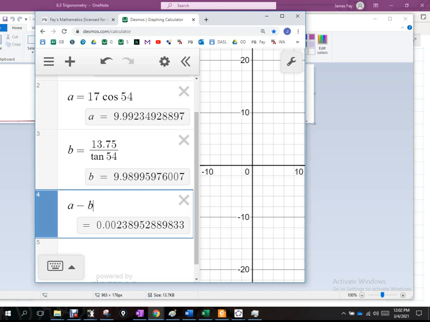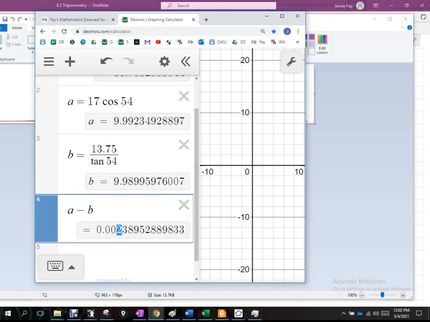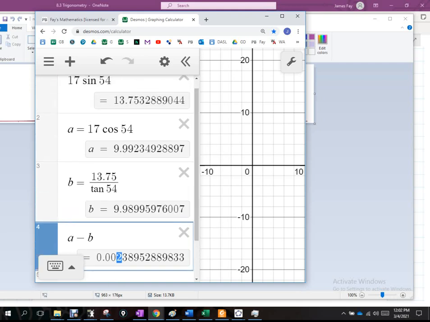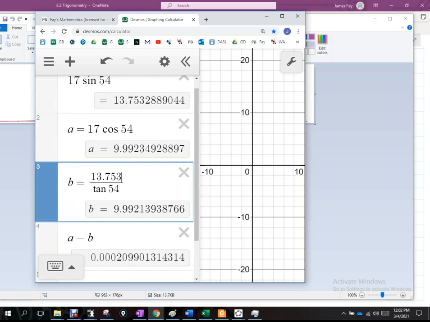If they ask me to round to the nearest thousandths place, we're seeing that they differ by 2 thousandths. To minimize that number, the best thing to do would be to take that 13.75 number and make it more precise, with more decimal places. Now you see that number went down from 2 thousandths to 2 ten-thousandths.